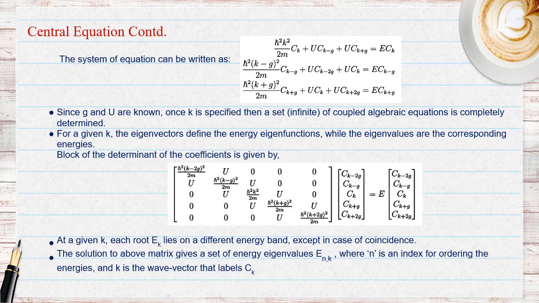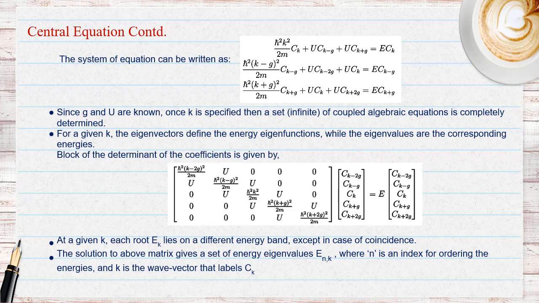Since the primitive lattice translation small g and the potential U are known, once k is specified, a set of coupled algebraic equations is completely determined. Actually there will be an infinite number of equations, but we will only consider a few in order to solve them.